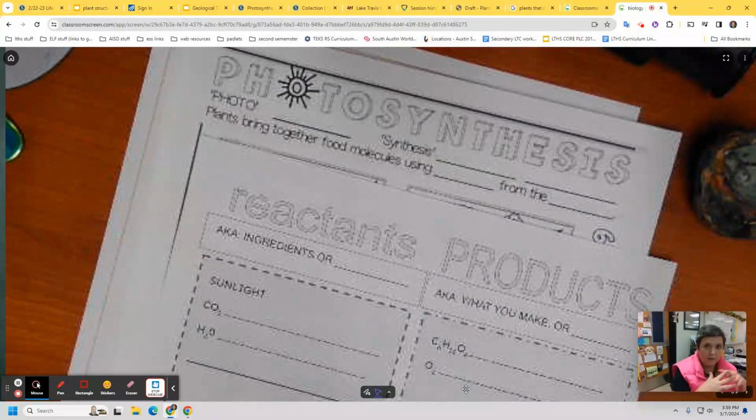If you are done with this whole lesson, then you can color this in. But if not, let's just get the meat done first, okay? And then you can always go back and color it. I love coloring almost as much as I love photosynthesis.